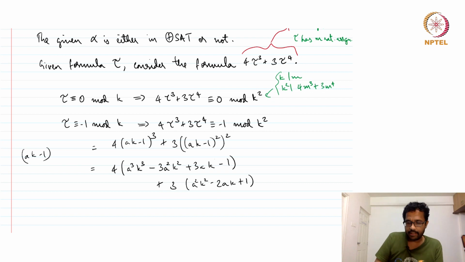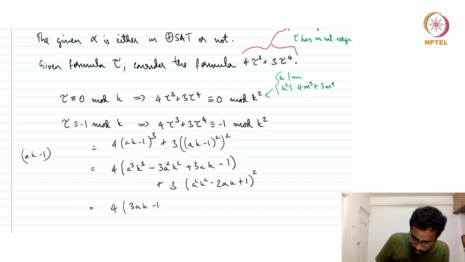Now if you look at it modulo k squared, I can ignore all the terms that are multiples of k squared. So this is just 4 times (3 ak minus 1) plus 3 times (minus 2 ak plus 1) squared modulo k squared.